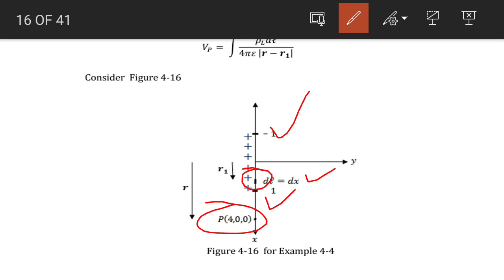Definitely dl will be equal to dx. R1, which is the position vector of the small portion of the source, will be x ax. So R1 will be equal to x ax, and R will be equal to 10 ax.